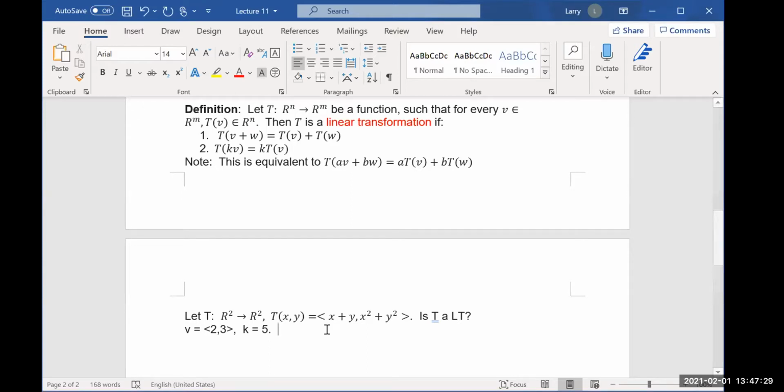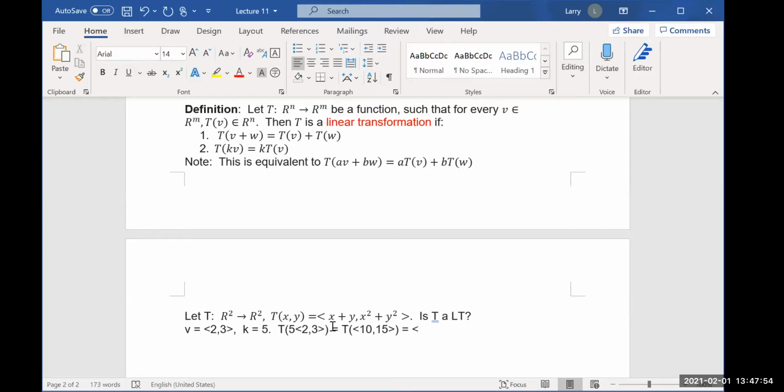Well, let's look at what T of KV is. So 5 times 2, 3. Well, that's equal to T of 10, 15. Any questions on that?